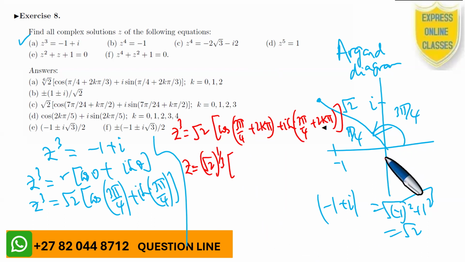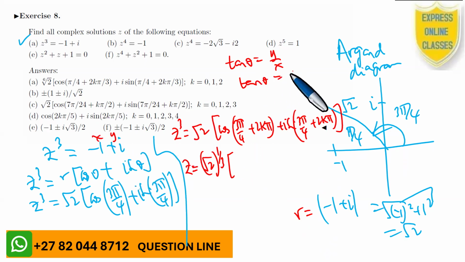Yeah, the angle is, you do the Pythagoras to get the r. Then for the angle, you use tan theta is y over x. This is like x and y. Y is 1, x is minus 1. All right.